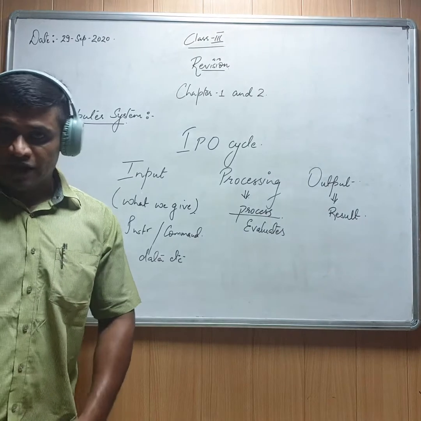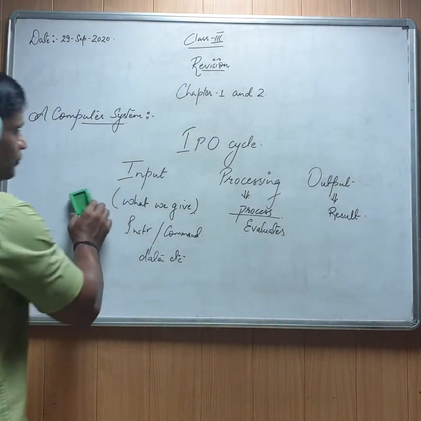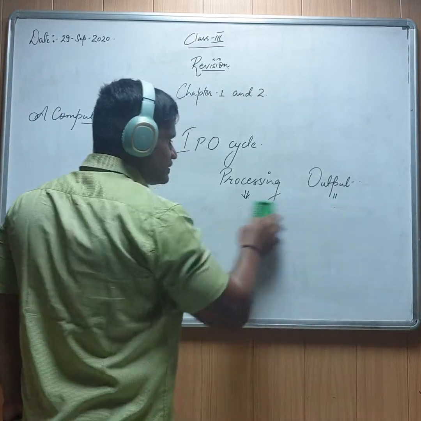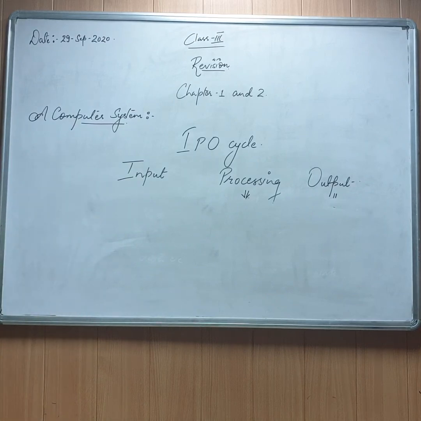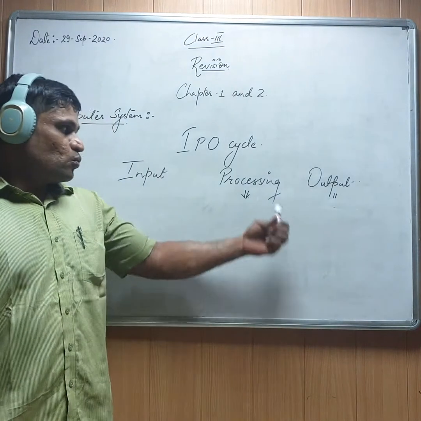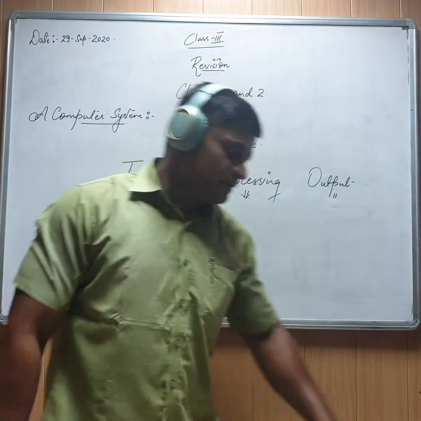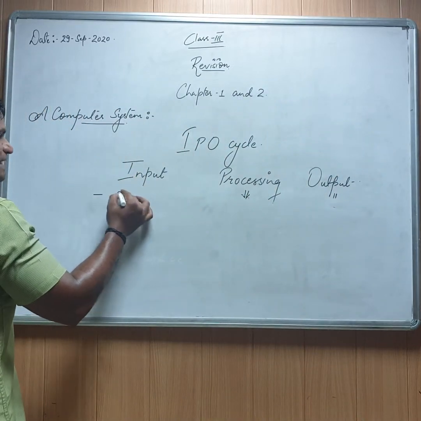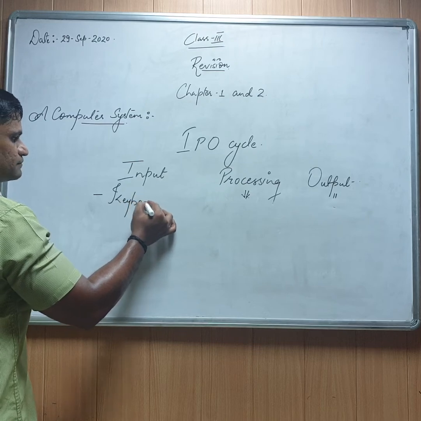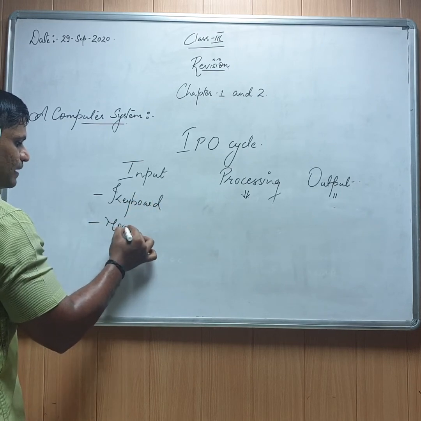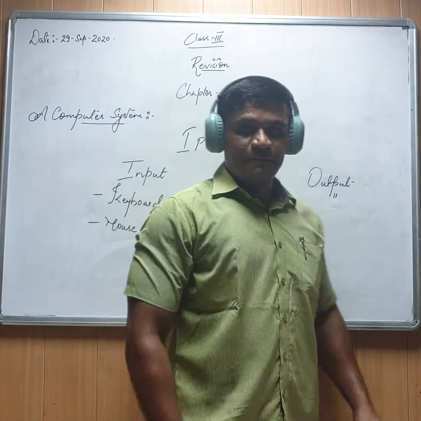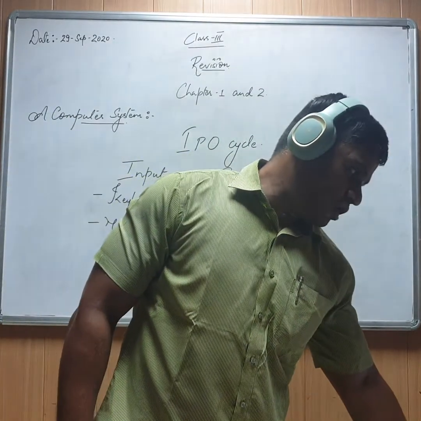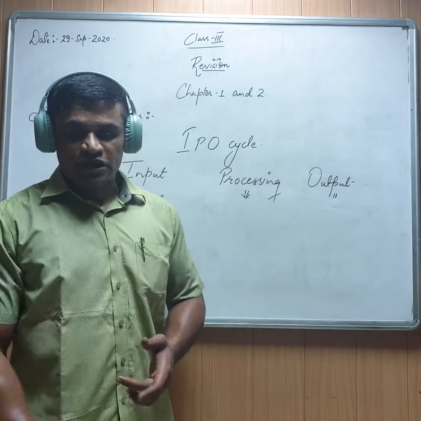Now, what are the different parts used for performing these steps? What are the parts which will do the input section, which will do the processing, and which will do the output? We will be discussing this. For providing input, basically we use keyboard and mouse. The keyboard is the most common method of providing input to the computer, and contains keys.